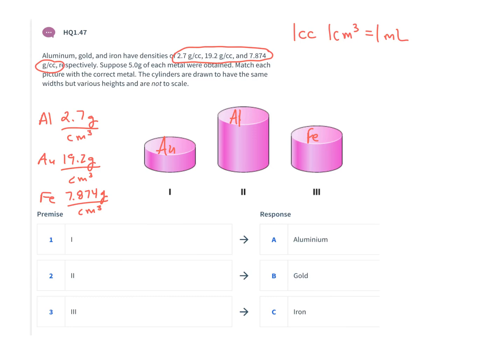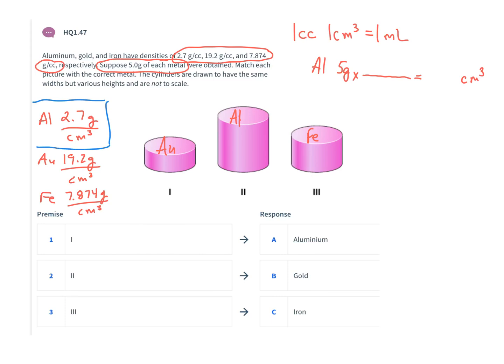So I have aluminum, and let's say I have 5 grams of aluminum. That's what we're given, 5 grams of each of these metals. I want to turn that mass into a volume. So if I have 5 grams, I need to multiply that by something that will turn mass into volume, into cubic centimeters. Well, the conversion factor is right here. The conversion factor is density.